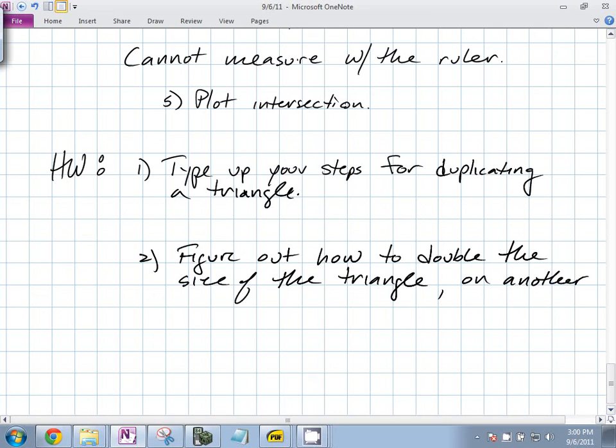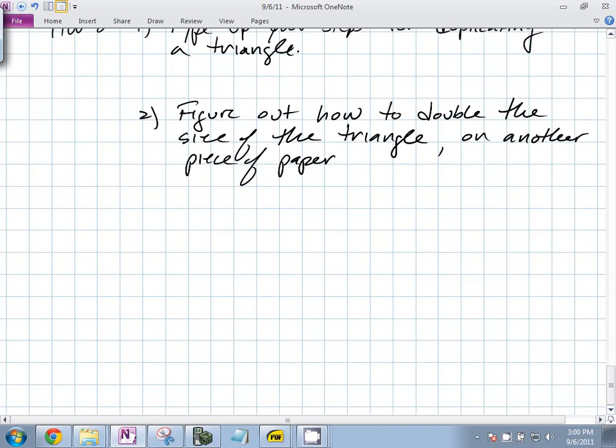Does that make sense, everybody? What I'm asking you to do? How would you make it double the size? Double each side. Yeah, so how would you make the triangle twice as big with just a compass and a ruler?